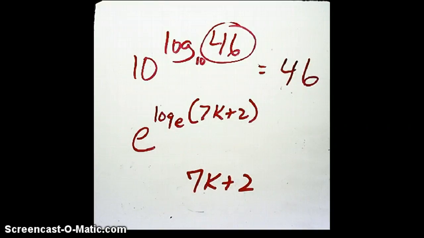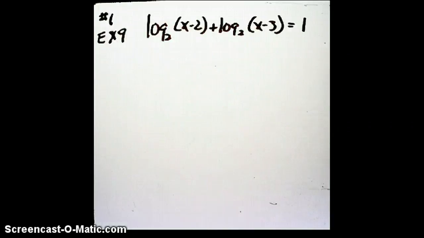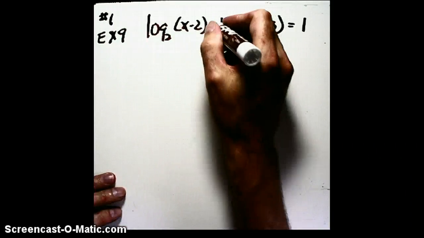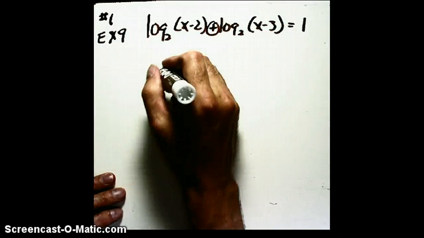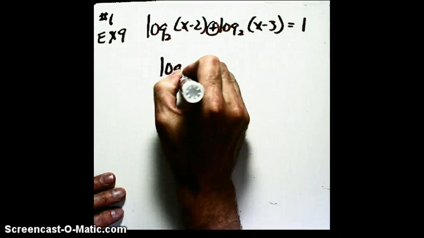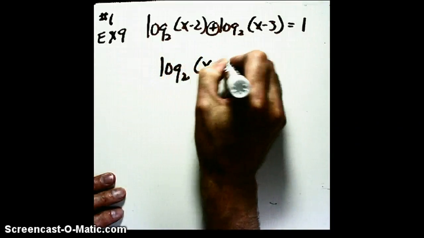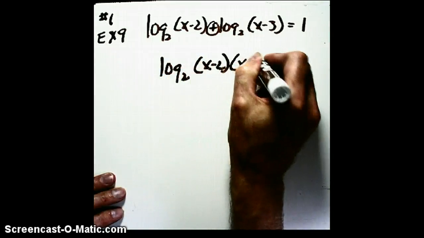You may want to do some more examples to help that be clearer to you. Okay, now we're back to the first lesson, example 9. How am I going to find x? Well, the key is that plus sign and your properties of logs. Remember, plus means multiply. So I'm going to take these two and multiply them together.